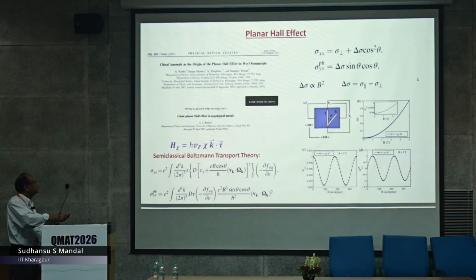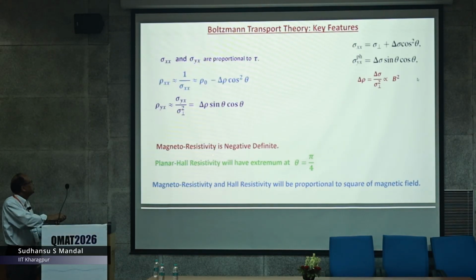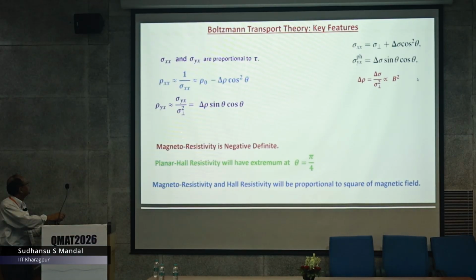Okay, so as you see, there is a periodicity in theta that has been predicted. So what about the resistivities? The rho xx is one over sigma xx, although this is a matrix, but since the Drude conductivity is larger than the other conductivities, essentially rho xx is 1 over sigma xx, which becomes rho 0 minus delta rho cos square theta.